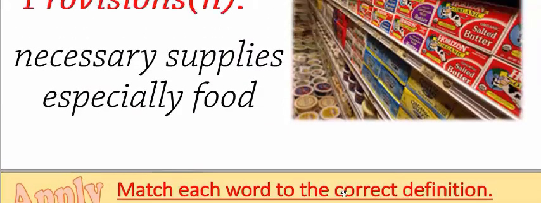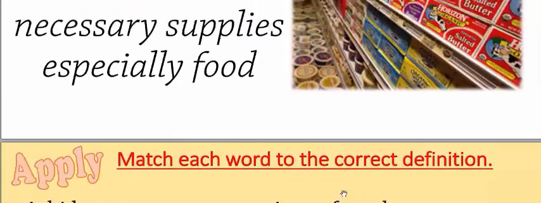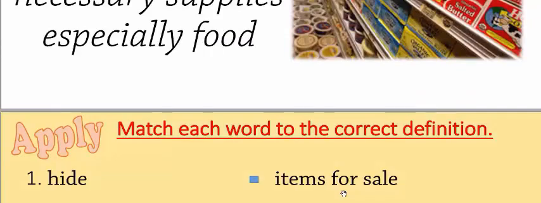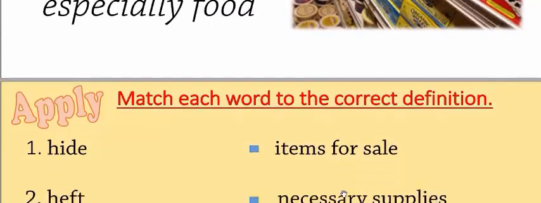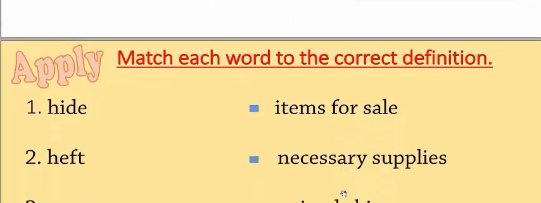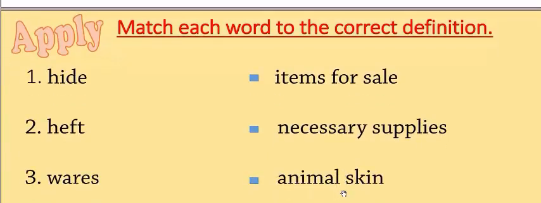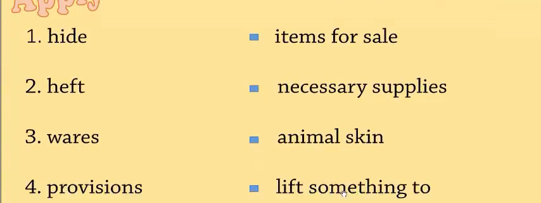Before moving to the second group, let's do an application. In this application, you have to match each word to the correct definition. In the first column, there are 4 words: hide, heft, wares, and provisions.